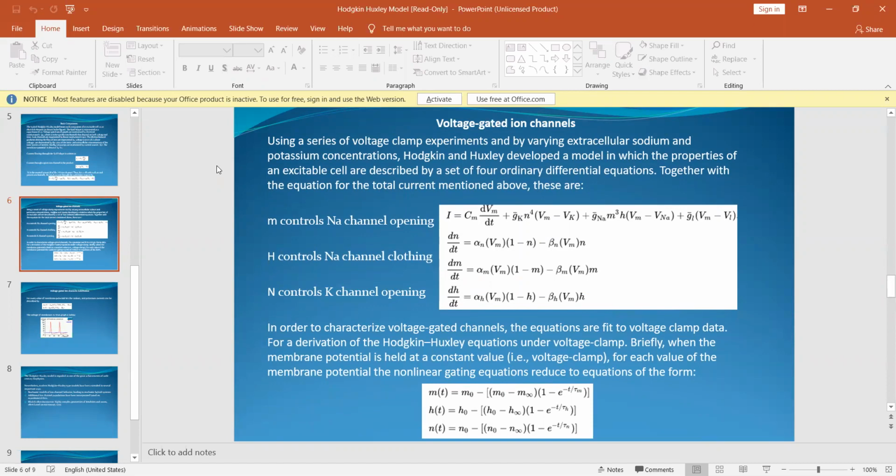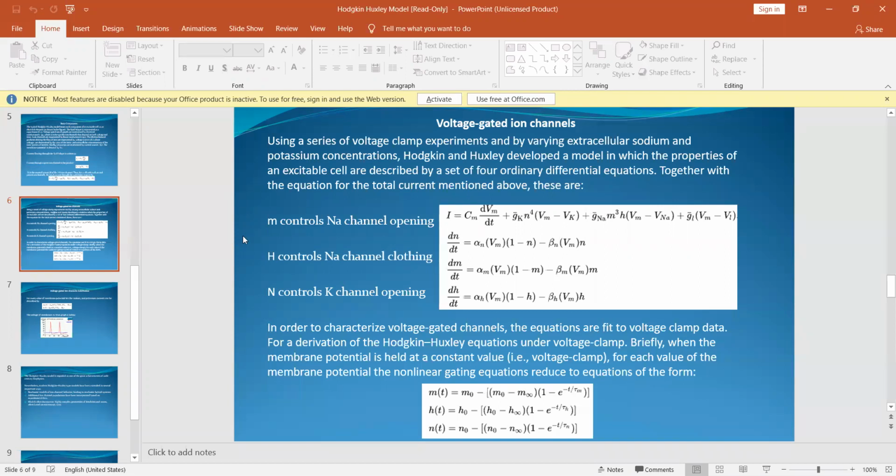Using a series of voltage clamp experiments and by varying extracellular sodium and potassium concentrations, Hodgkin and Huxley developed a model in which the properties of an excitable cell are described by a set of four ordinary differential equations.